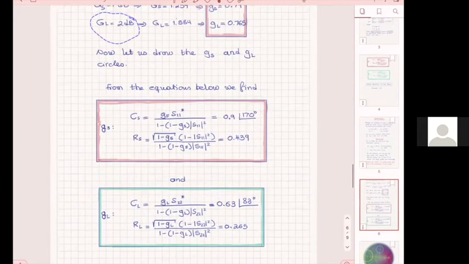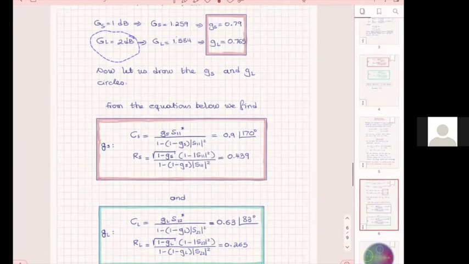Even if GS and GL have unique values, they can be provided by multiple values of gamma L and gamma S. Do we understand this? So now, even if we found the values for GS and GL, we still have to find the appropriate gamma L and gamma S values.